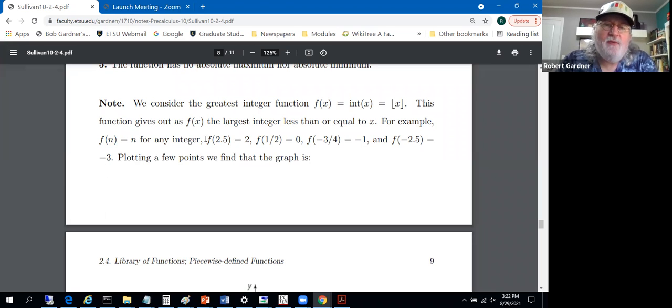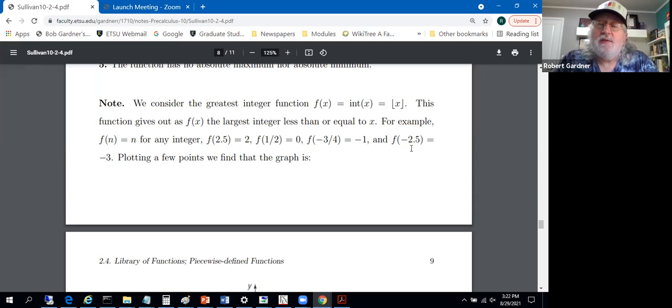So the behavior at the positive numbers and the negative numbers is consistent, but it's a little tricky. That's the reason I listed these particular examples. It gives you the greatest integer less than or equal to. It rounds down. You round -2.5 down, you round it down to -3.